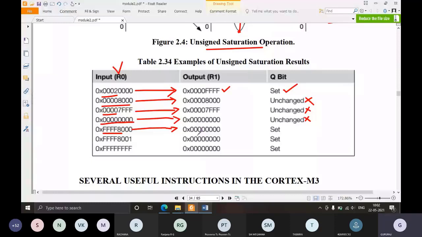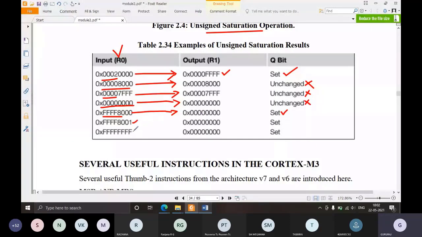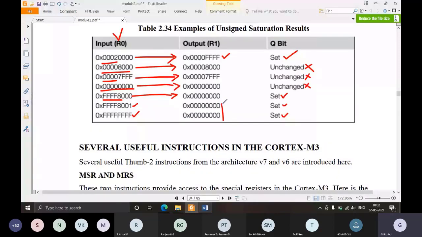Similarly for the next value, both are negative numbers. They are saturated to the minimum value we can represent in unsigned representation, which is 0, and then the saturation flag will be set. So this is about the saturation instructions, very useful instructions in digital signal processing, DSP applications.